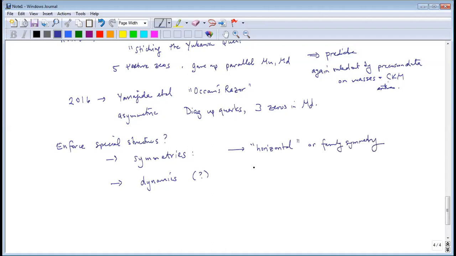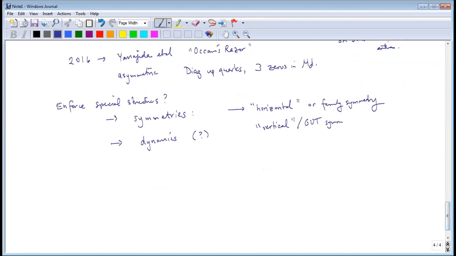Okay, and you can also have, perhaps in conjunction with the horizontal symmetry, the vertical or GUT symmetry. So horizontal and vertical, I guess, because we often write things like this: U^c, Q, D^c, L, E^c, with e, mu, tau, mu, e, mu, tau.